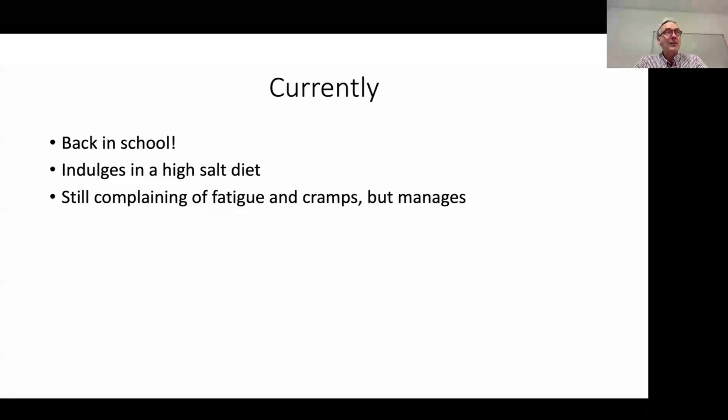He can really take it in now and tell his parents, but it's what my doctor told me to do. He still has symptoms, of course. He's still complaining about fatigue and cramps, but he can manage it in his daily life. And he takes the supplements as they feel it helps them.